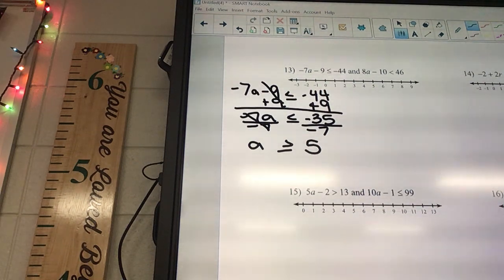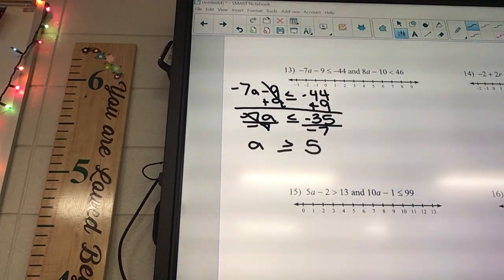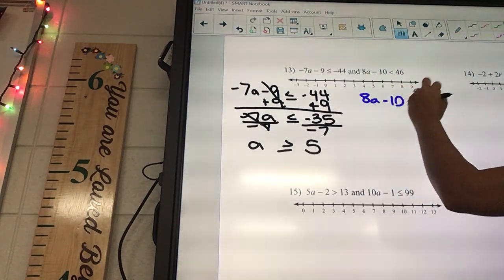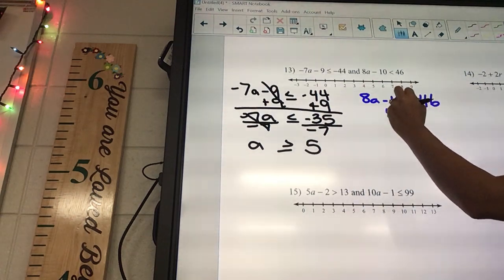Okay, for the other one, who's the third wheel? The negative 10. How do I move a minus 10? Plus 10. So I got 8a minus 10. You said add 10?